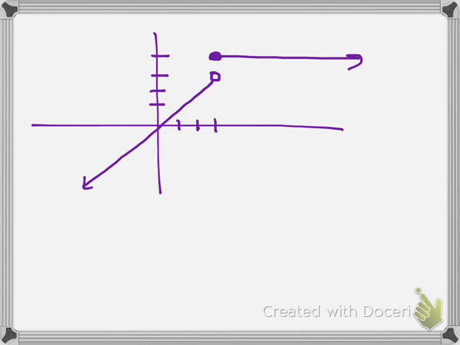So let's say I give you a really simple piecewise graph. This is what homework 521 starts out with. It gives you graphs that have things like this. They've got jumps, they've got holes.